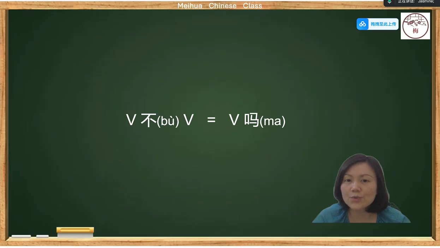Do you still remember that for a yes or no question, we just add the character ma at the end of the declarative sentence, with a question mark? Basically, these two sentences mean the same thing, but they are a little different in how we answer the question. But in meaning, it is almost the same.